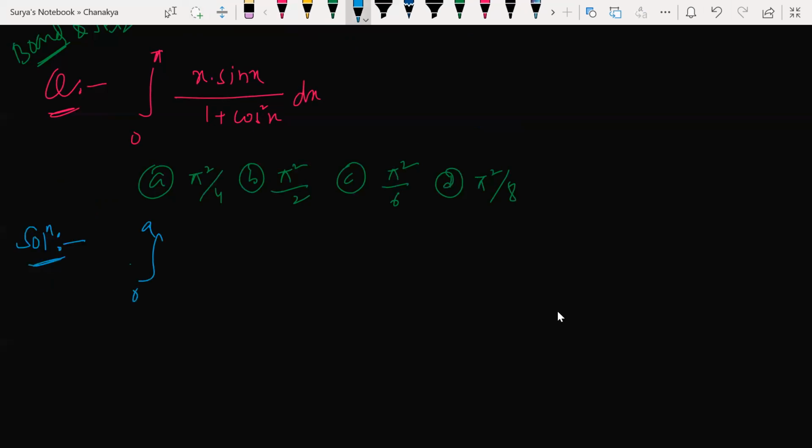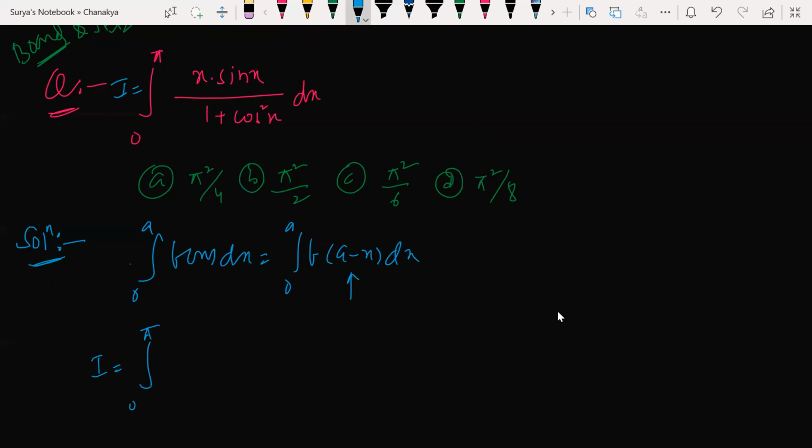So in place of x, I'll be substituting a minus x. Let me take this integral as I.